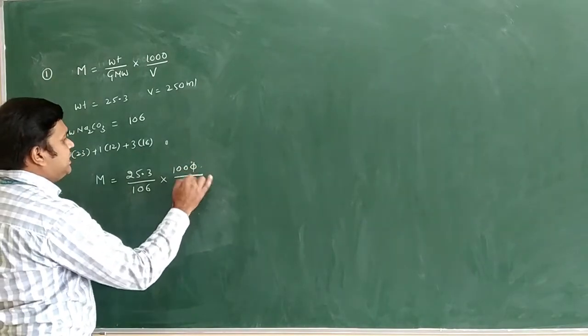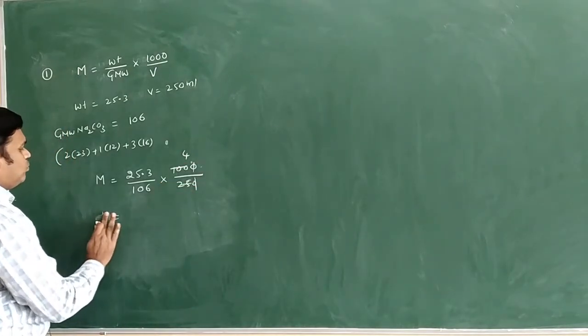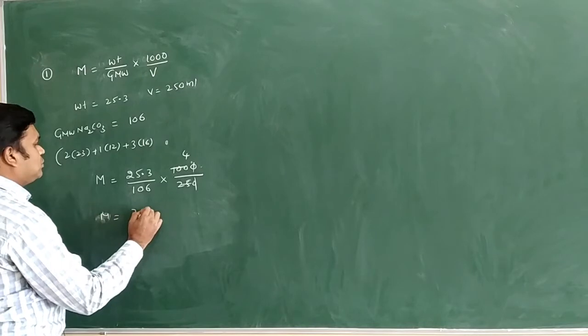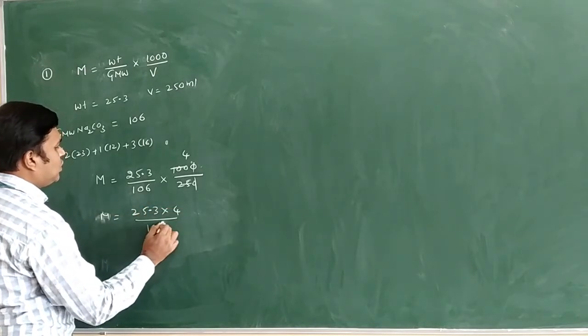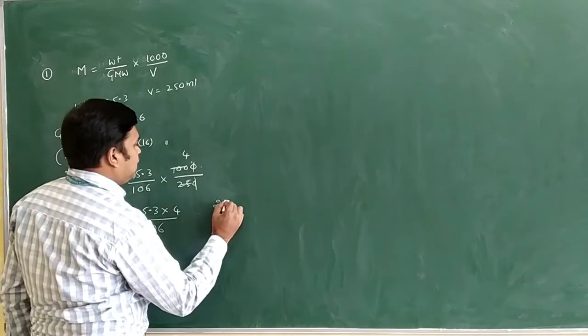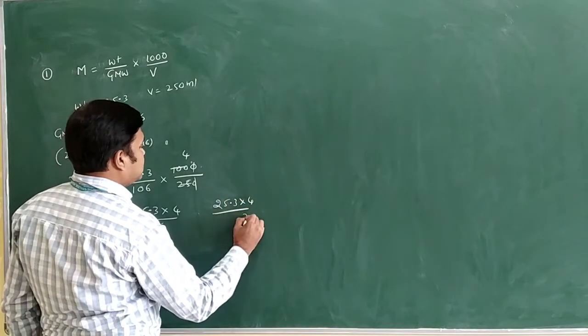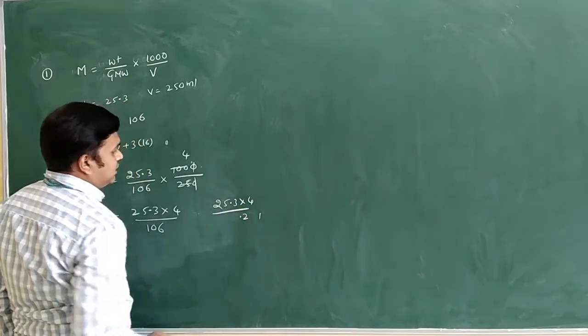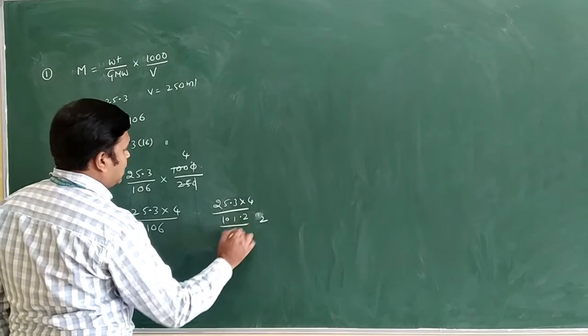So this will cancel here, 250 cancels to 4 times. So molarity M is equal to 25.3 into 4 by 106. Multiplying, 25.3 into 4 we get 101.2.